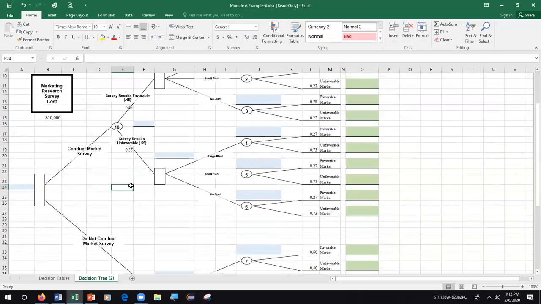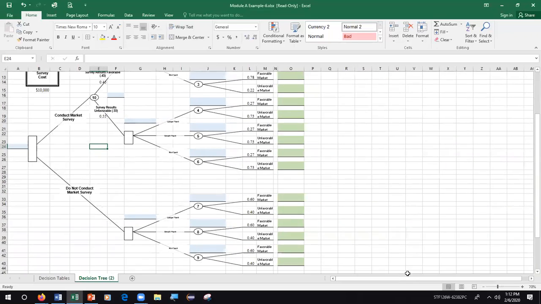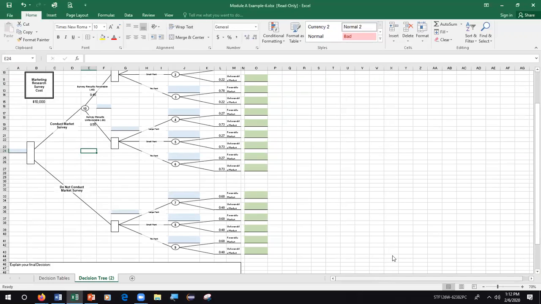What's going on here is, let me get this smaller so we can see it all. We've got this chance to do a market research survey, and we know it costs $10,000 for this company to do this research.